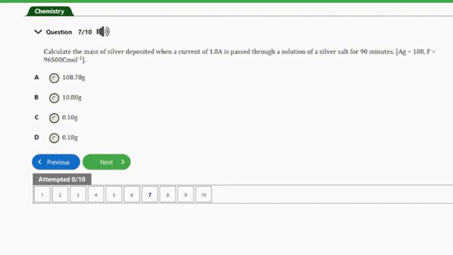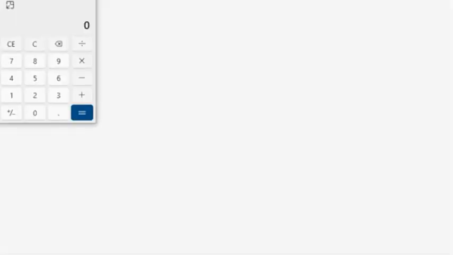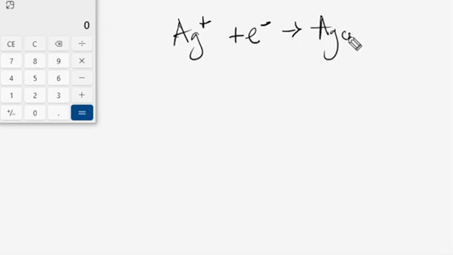So guys, for us to calculate this, we are going to zoom into our workspace here. So what we want to find is the mass of silver that is deposited. We are given already the atomic mass of silver to be 108. So guys, with this, we know that this charge of silver will be such that it will yield silver solid.